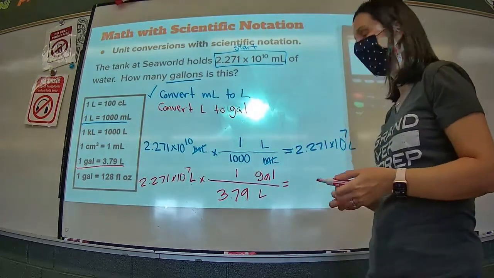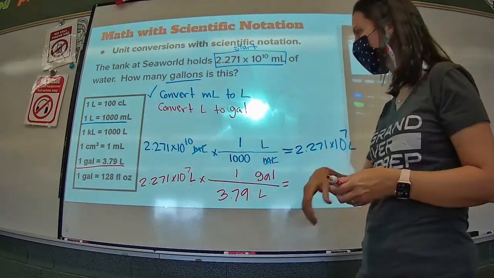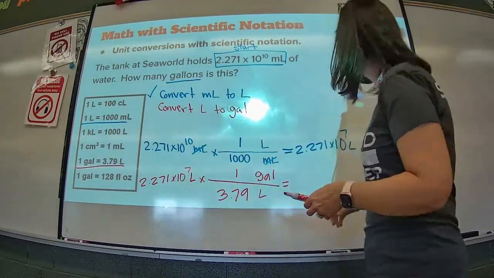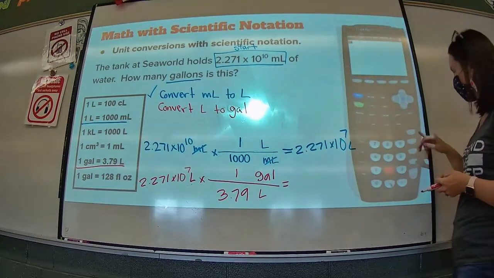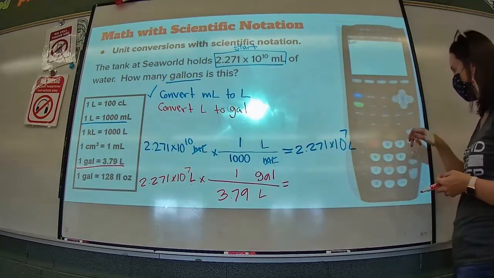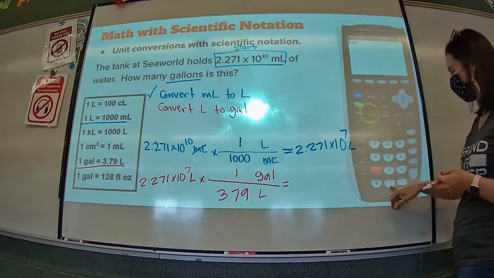Okay? And then I'm going to type that into my calculator. It's 2.271, second e, 7. Then I'm going to do times 1 divided by 3.79.